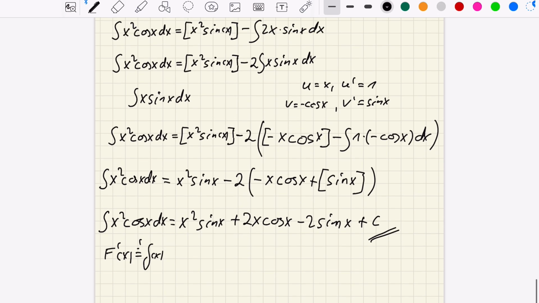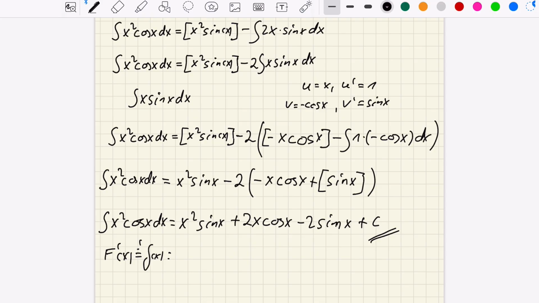So we got, first this term, 2x sine x plus x squared cosine x plus 2 cosine x minus 2x sine x plus 2 minus 2 cosine x.